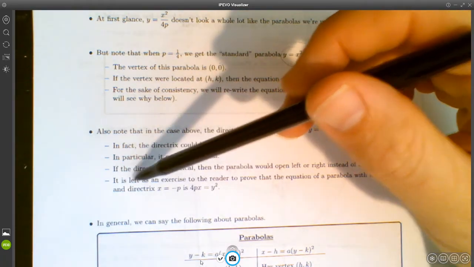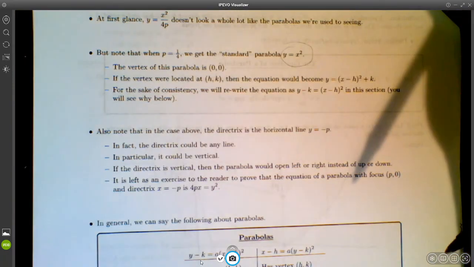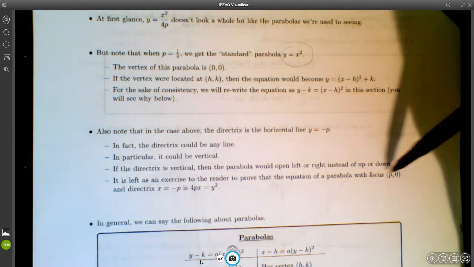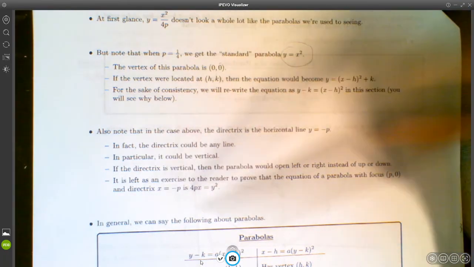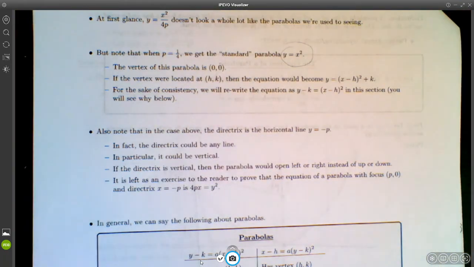It's left as an exercise to you to prove that the equation of a parabola with focus (p, 0) and directrix x equals negative p is 4px equals y squared. There's an exercise in the homework that asks you to prove that. Just follow along with the proof that we did on the previous page, and you should be fine.